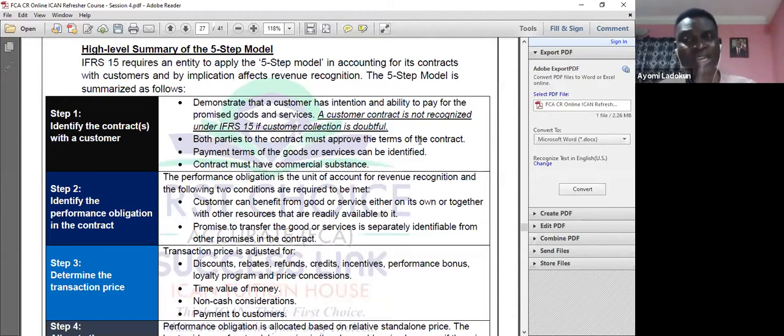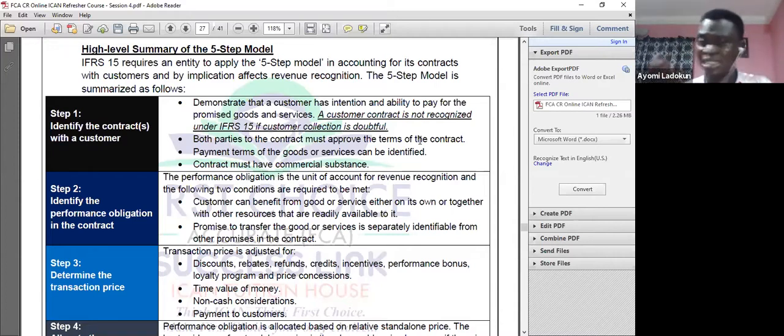Now, the examiner can ask you, what are the criteria to be met before a contract with customer can be identified? You just tell the examiner that the following criteria should be met. Number one, the customer must demonstrate the intention and the ability to pay for the promised goods.